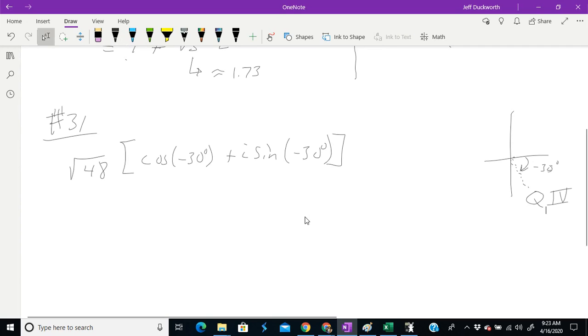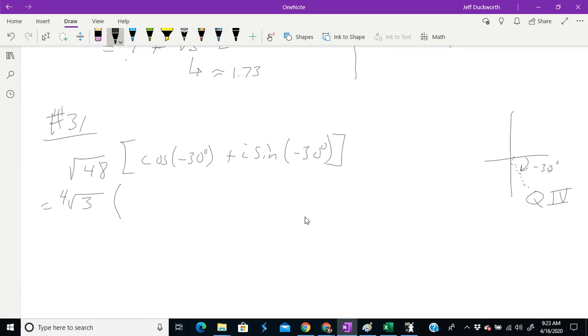Okay, so this equals, we still have the root 48. That actually breaks up. We can divide the 48 by 4, and 12, which is another 4. So we can take out a full 4 and be left with 3. So that's 4 root 3.